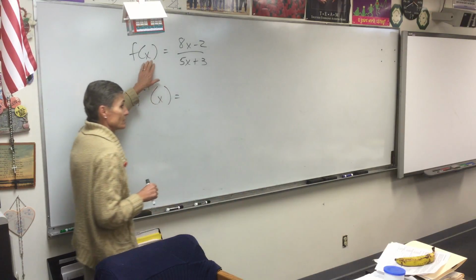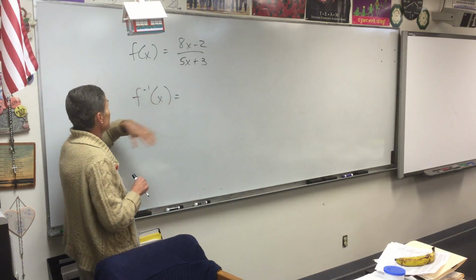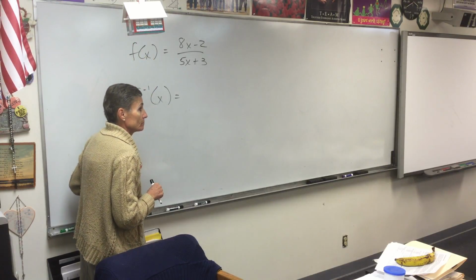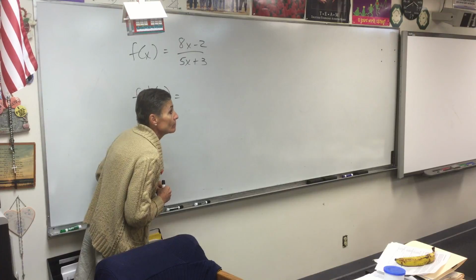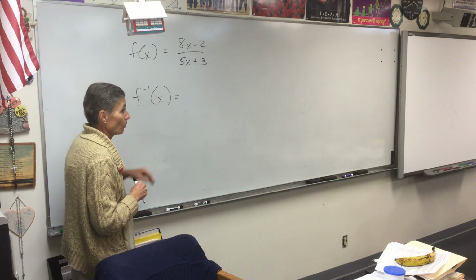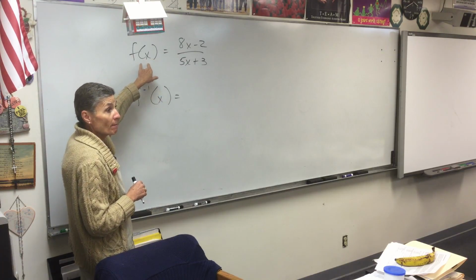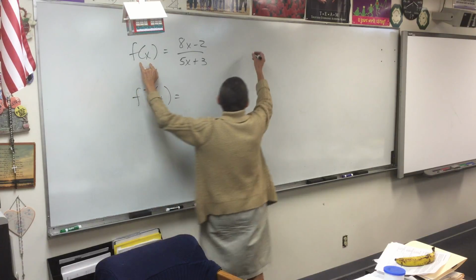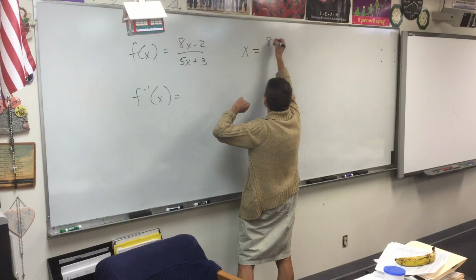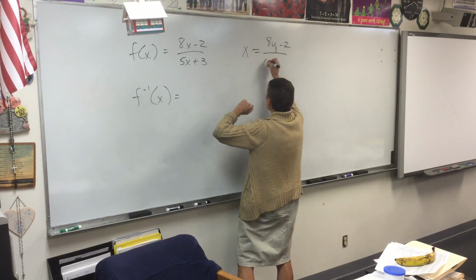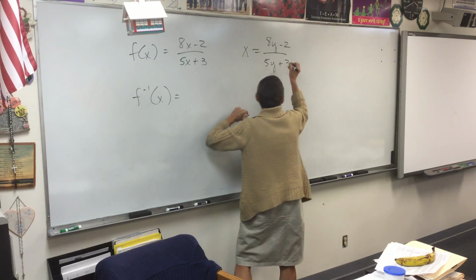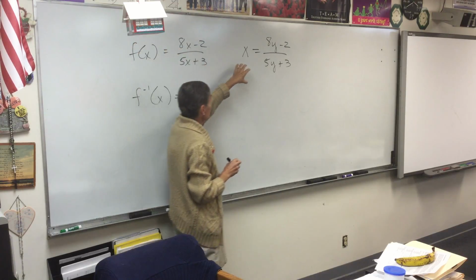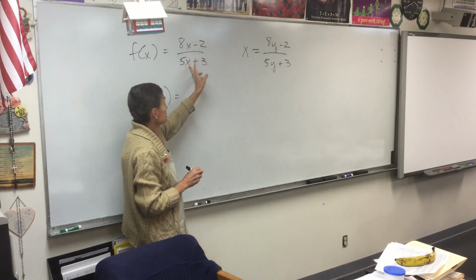Alright, so who remembers step 1? Here we go, Althea. Switch the x and the y. Now, Althea's remembering that f of x is the same as y, so she's going straight to this step, which is absolutely fine. She put in an x for it, and she's got y's in here.